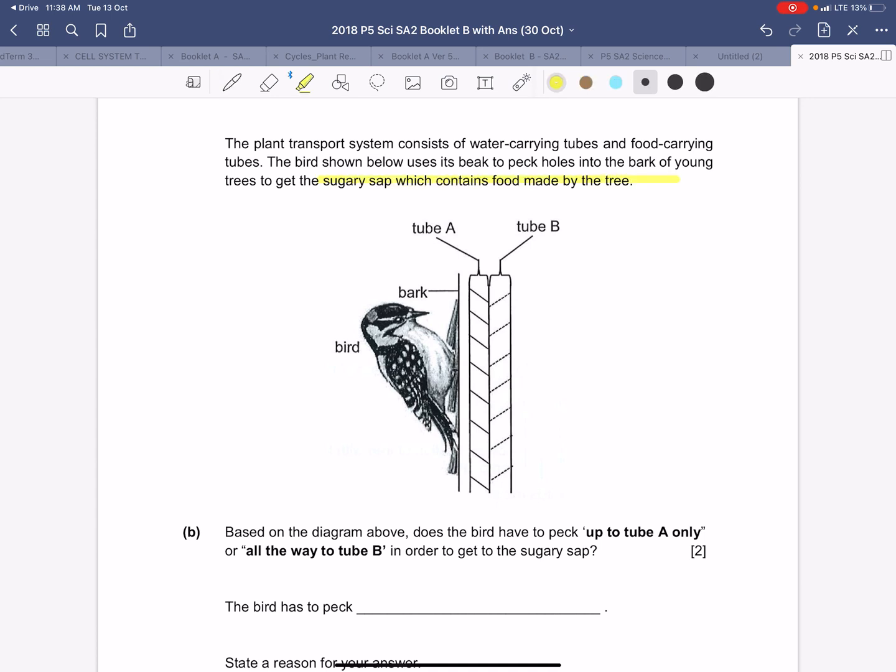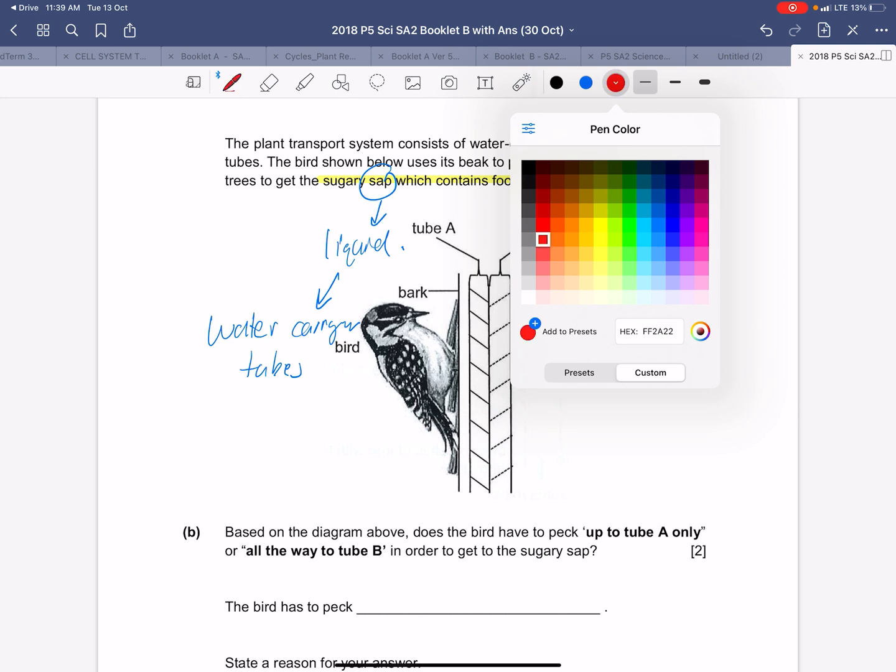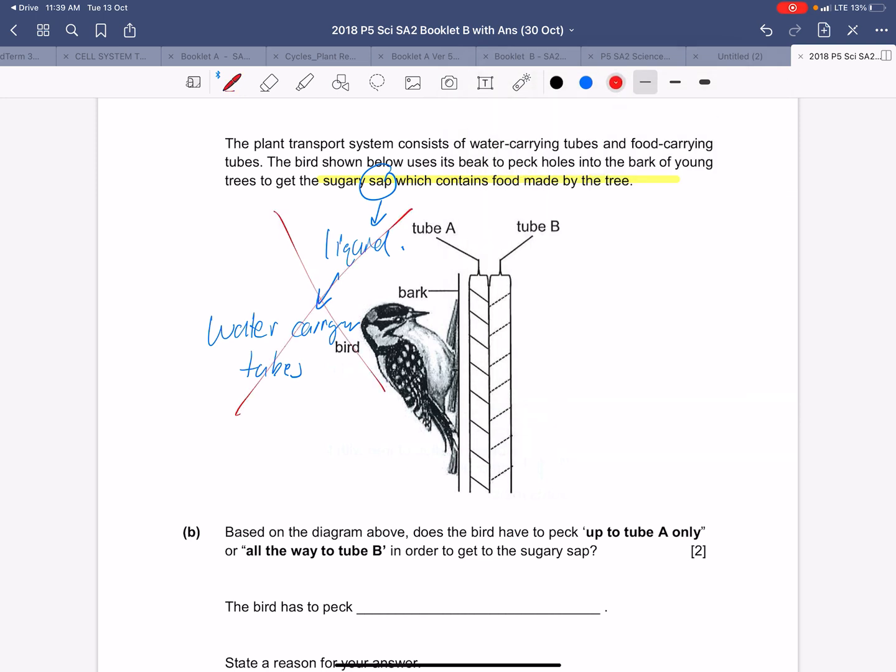Now, a lot of you tell me that it needs to peck to B, because you think that because it's sap, it is liquid. And because it's liquid, it should be water carrying tubes. The water carrying tube is inside, so more pressure. Okay, this is a wrong concept. Why? Because they told you it's actually food.